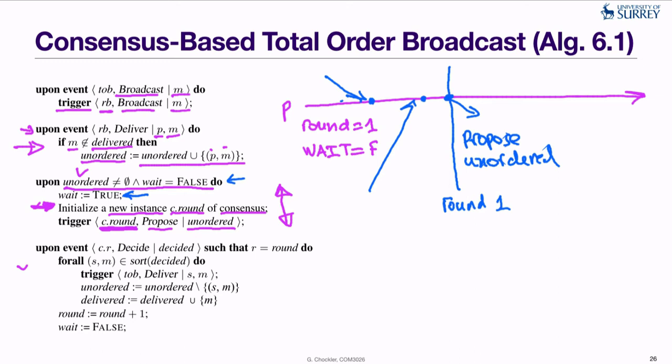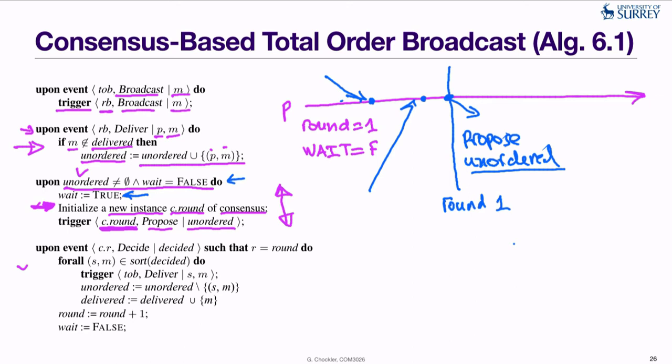And wait becomes false again only after we reach the decision for the currently active consensus. So while the current instance of consensus is in progress, a new value is not going to be proposed. Basically, here we have some batch of unordered messages, and this batch is proposed.